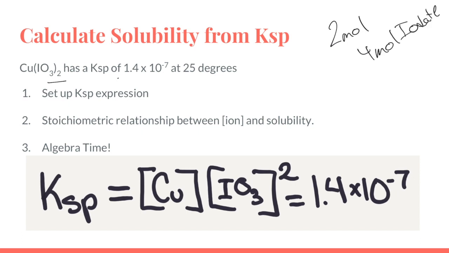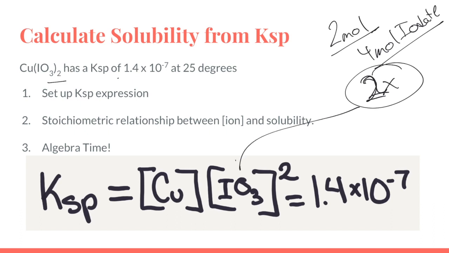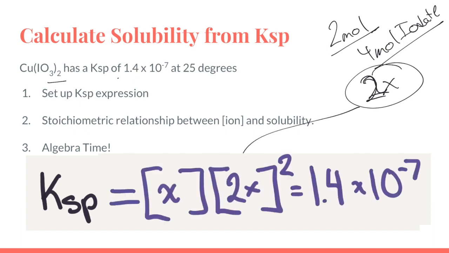So that means that if my solubility was 2, my iodate concentration is 4, so I'm going to put in a 2x for the concentration of the iodate. Do we see how that works? So the copper is going to have the same concentration as the solubility, so it's just x, and the iodate is going to have double the concentration as the solubility, so it's 2x. And we're not going to forget to raise it to a power of 2.